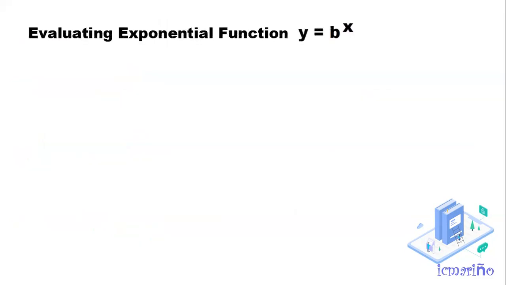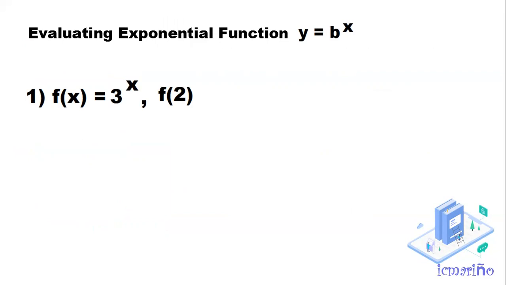Now, let us see, how do we evaluate an exponential function? We'll be given values for the power x, and then we evaluate. So f of x is equal to 3 raised to x, and f of 2.